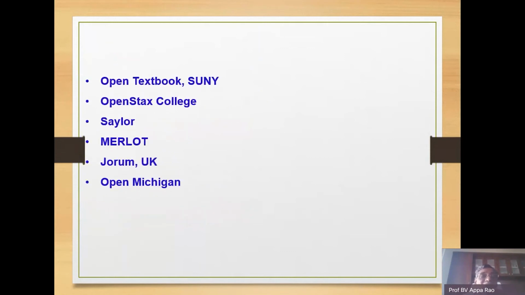Open Textbook SUNY, OpenStax College, Saylor, MERLOT, Durham UK, Open Michigan. These are only some of the examples, right? There may be many more. I have given reasonably many examples, but you can search. There are many more.